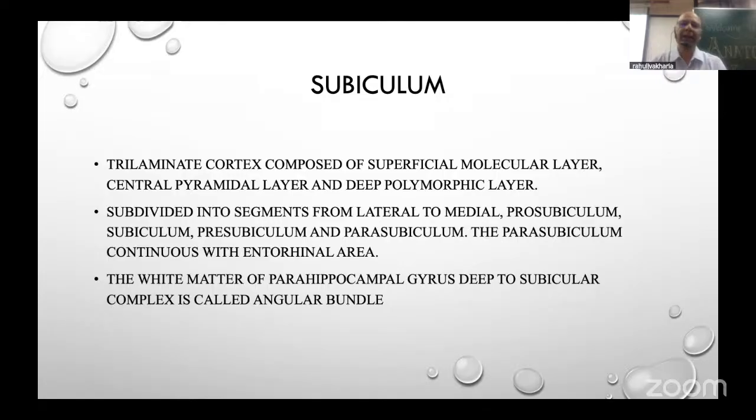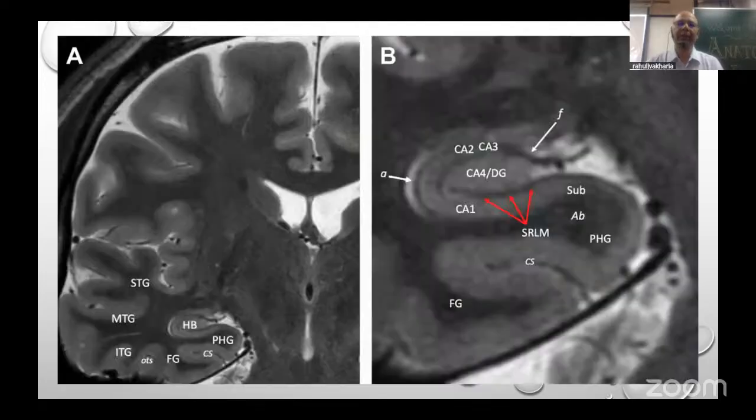And the white matter of the parahippocampal gyrus is what we call the angular bundle. So I'll show you on the image what I'm trying to say. So again, superior temporal gyrus, middle temporal gyrus, inferior temporal gyrus. Collateral sulcus, parahippocampal gyrus, and the hippocampus proper.